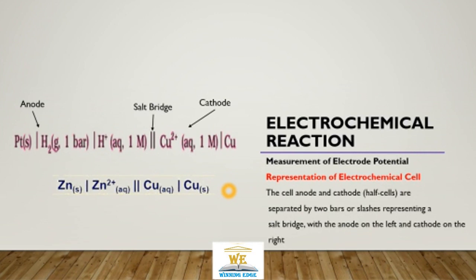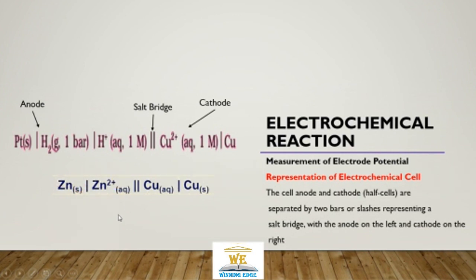Similarly, we can represent our Daniell cell. We know our anode is zinc, which gets oxidized to zinc ions, and our cathode will be copper, in which copper ions are reduced to copper. So our leftmost is the zinc solid electrode.